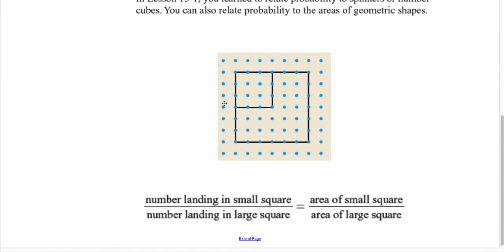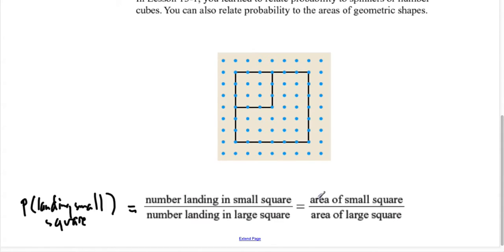So the probability of it landing in the small square will be equal to the ratio of the number landing in the small square over the number landing in the large square.